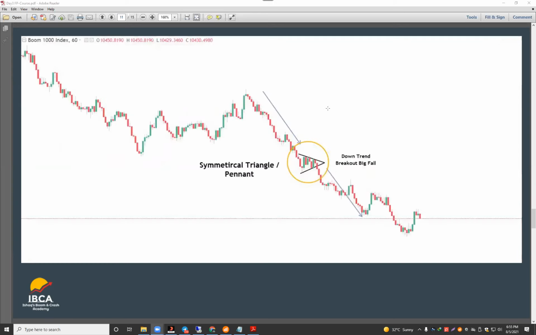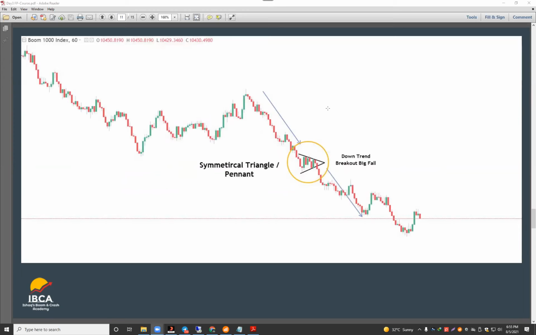See, symmetrical triangle. It can be small, it can be big. Before it, what is this? A downtrend, right? Yes, sir.